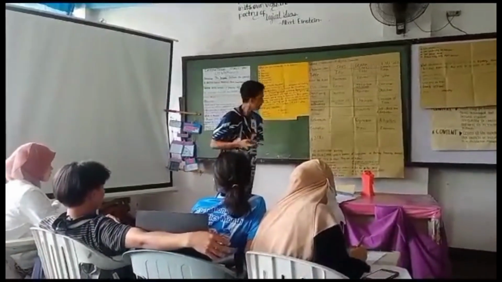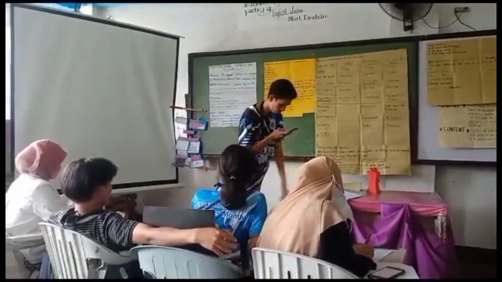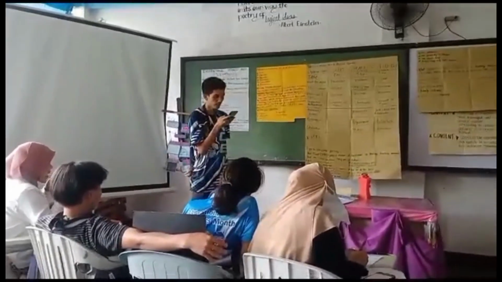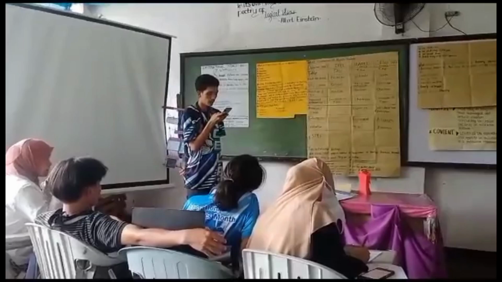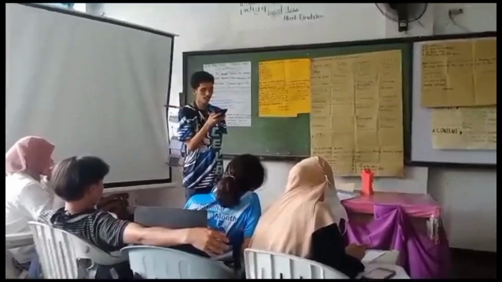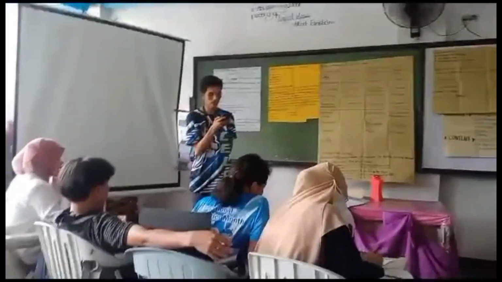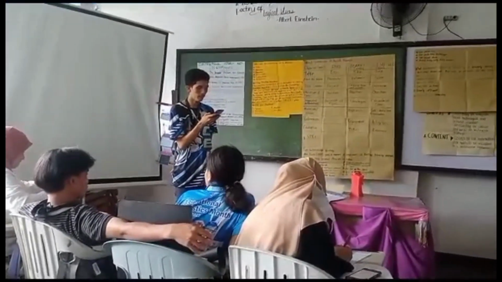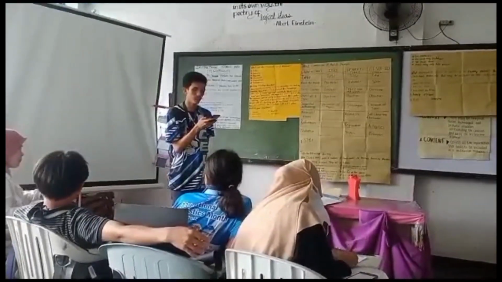Third is attainable. Attainable goals should be realistic within the constraints of resources, time, and capability. They should stretch an individual or team but still be within reach.